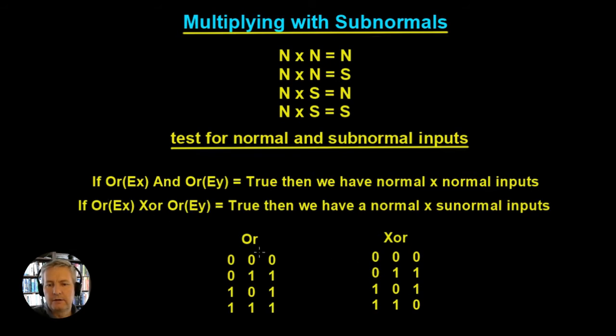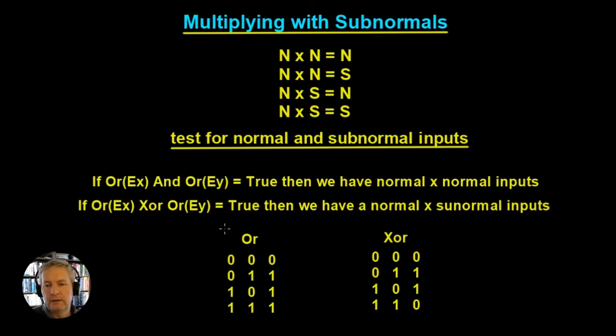So either this one here is true, or this one here is true. But we can't have both of them be true. If both of them were true, then we wouldn't have a normal times a subnormal. If both of them were false, we wouldn't have a normal times a subnormal. So we have to be using an exclusive OR in order to test these.